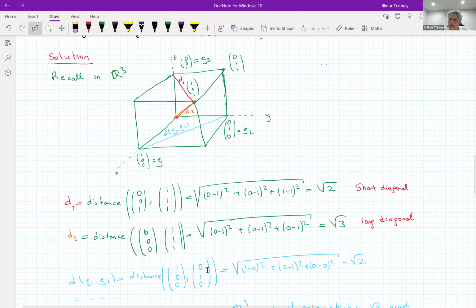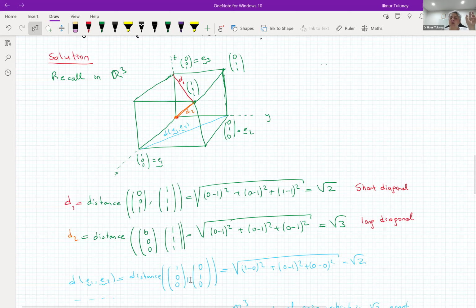This distance will be root 2, because E1 has 1 in the first position and E2 has 1 in the second position, so they have 1 in different places.